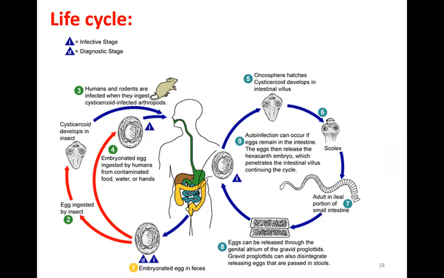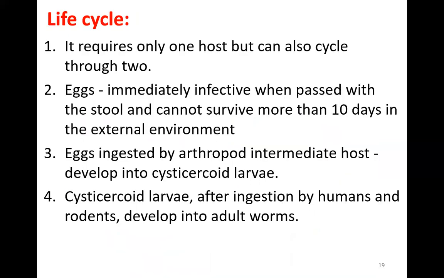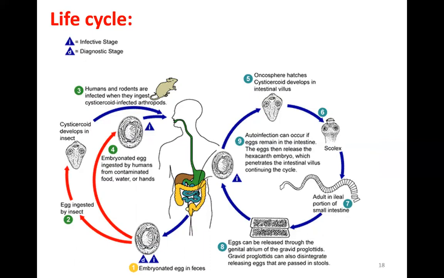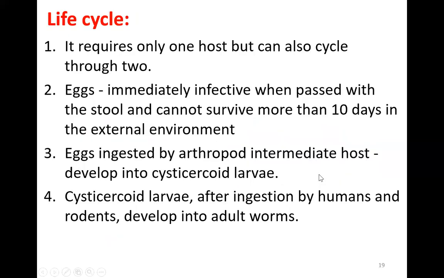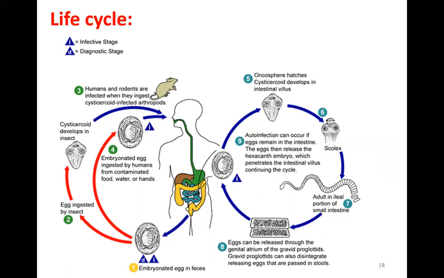The eggs which are produced within the intestine can auto-infect in the way that they penetrate the intestinal villi, and within the villi, oncospheres hatch, cysticercoid develops in the villus, and then with development, the mature worms are produced, and they repeat this cycle in the usual way.